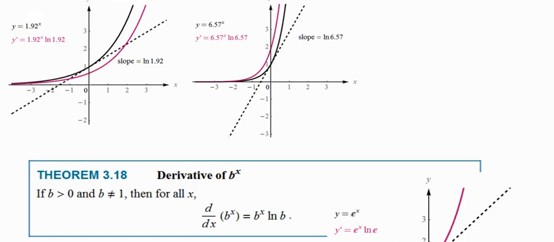All right, so if I look at a couple of other exponential functions where it's a base b, I see that in our first picture, the base is 1.29 to the x power, and we see its derivative. And we haven't said why yet. I see in the bottom of the screen, but look at how they graph the derivative. And then the second picture, my base is 6.57 to the x.